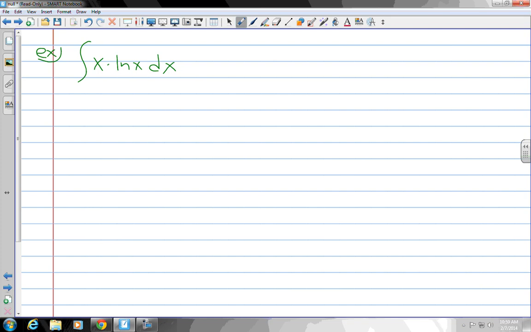So let's try it that way. Let u equal natural log of x, and let dv equal whatever's left, x dx, because x is still easy to integrate. It'll get bigger, but it's much better than integrating natural log of x. So if I label my things this way, then du is simply the derivative, so it's 1 over x dx.